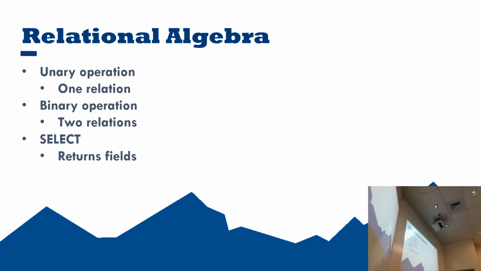All right, but the idea here is simple. So we have the operations we want to do. We want to figure out how can we denote them mathematically. That's what this is all about. So you got your unary operation. Okay, so the unary, as you can tell from the prefix un, is going to be for one relation. So maybe it's recursive. That's certainly an option.